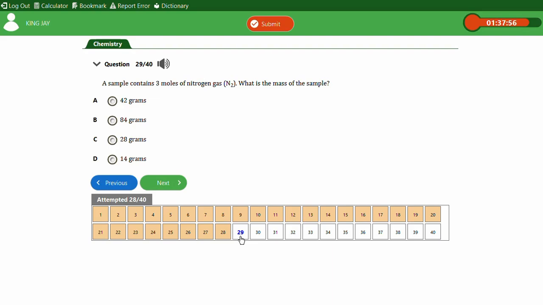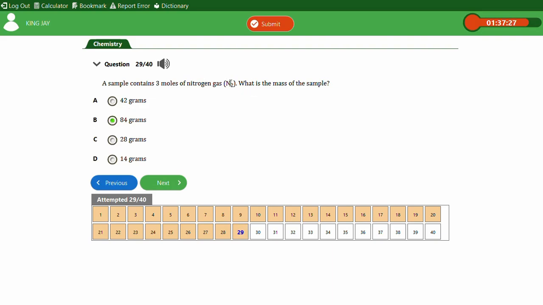It isn't given here. Nitrogen has an atomic mass of 14. So if we multiply 14 times 2, it equals 28. Then multiplying 28 times 3 equals 84. So we have got our answer here, 84 grams.